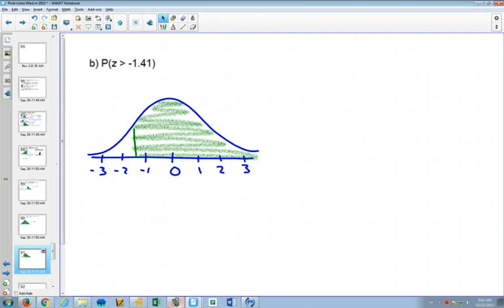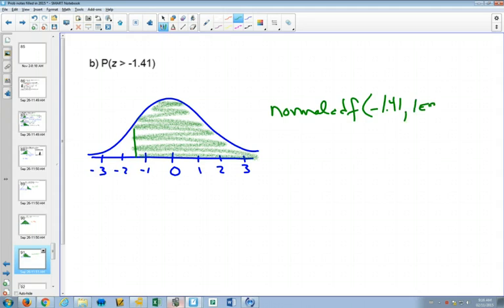And you're not required to draw the picture, although I find drawing the picture really helps you see what you're trying to find, and it helps you put the data into your normal CDF better. So we've got -1.41, 1 e to the 99, 0, and 1.